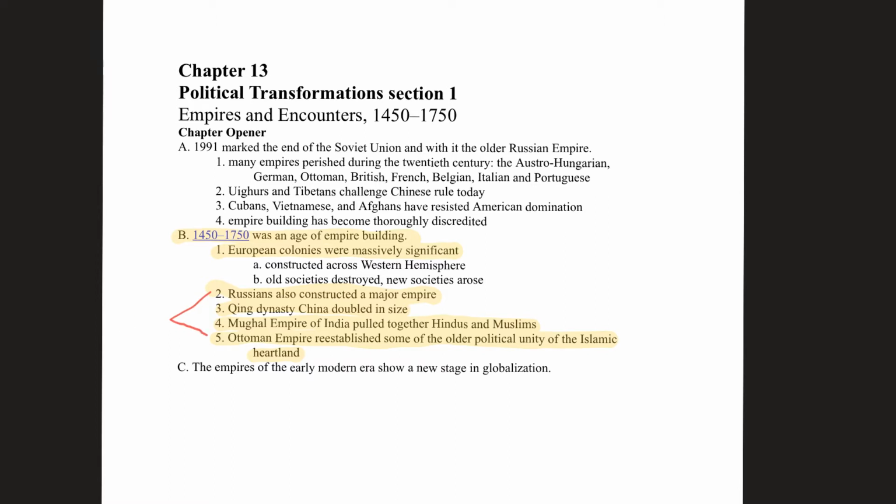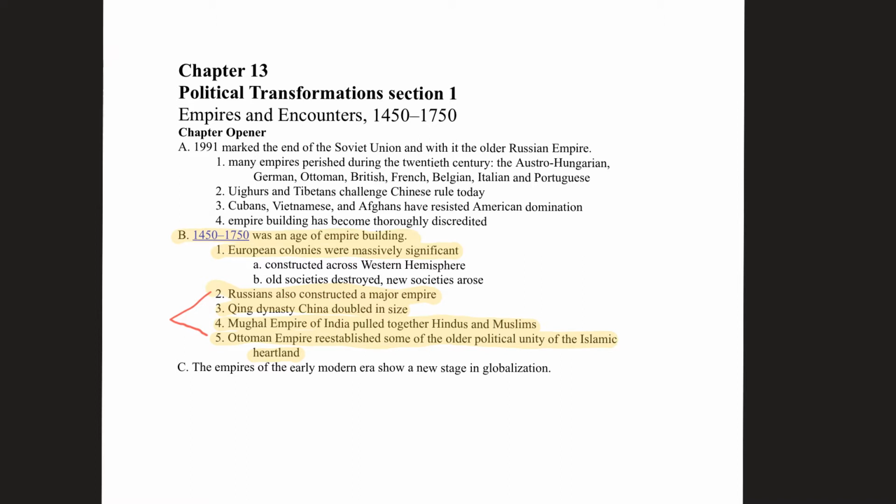Then, at the end of that caret, please put down that the empire building of these countries is by expanding locally.